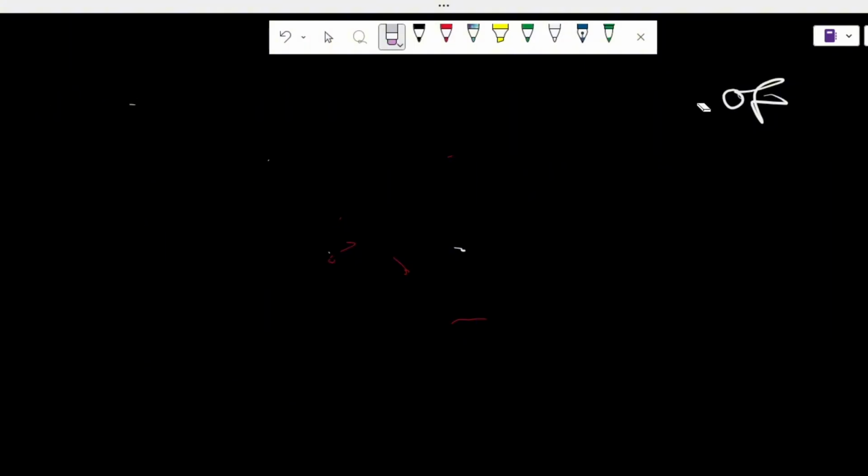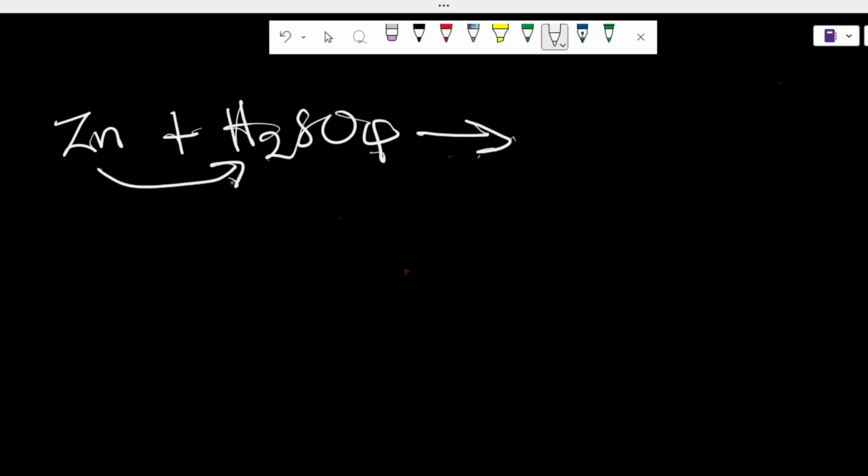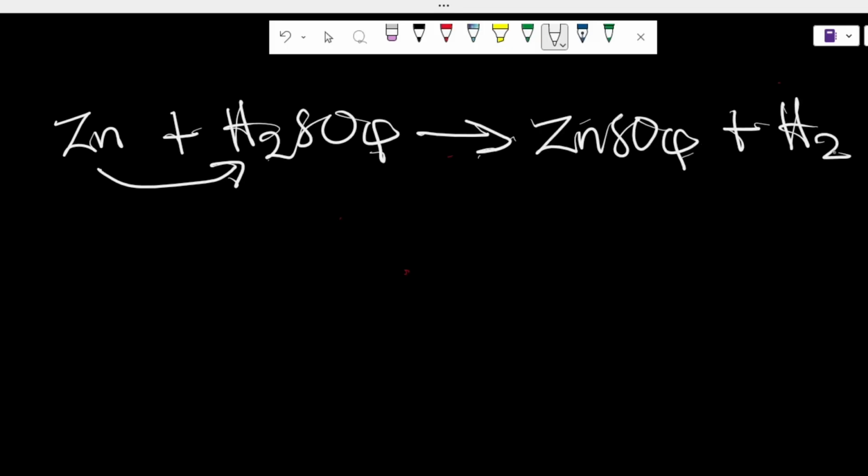Now, remember that when you're reacting this zinc metal with sulfuric acid, you have to get zinc sulfate. And in this case, it's quite easy to get zinc sulfate because this zinc is going to displace hydrogen from its compound, and you're going to have zinc sulfate, and that hydrogen is going to be on its own as hydrogen gas. And as you can see, this equation is actually balanced. If it is not balanced, please make sure you balance that equation.